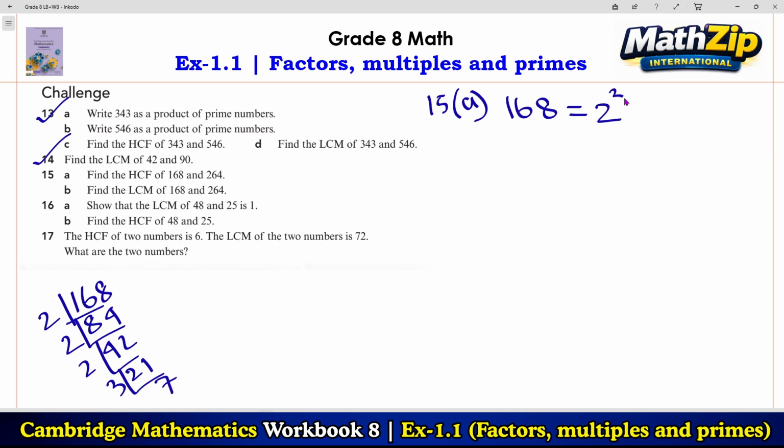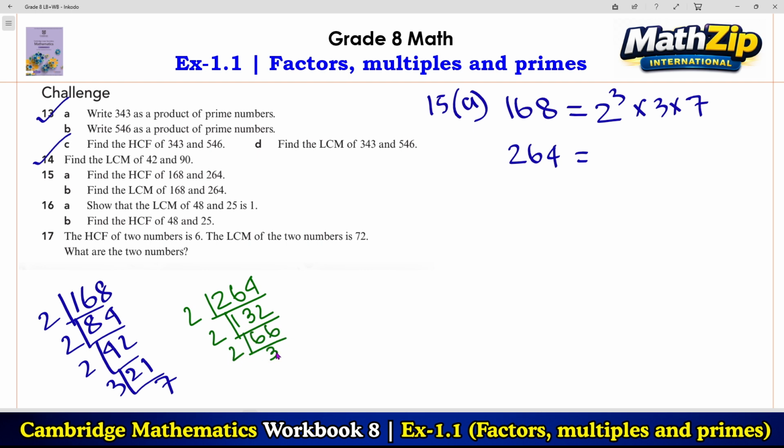So we can write 2 to the power 3 times 3 times 7. Now 264. 264 is the same thing. First we divide it by 2, so here is 132, again divided by 2, so here is 66 and 66 divided by 2 is 33, and 33 finally divided by 3 is 11.